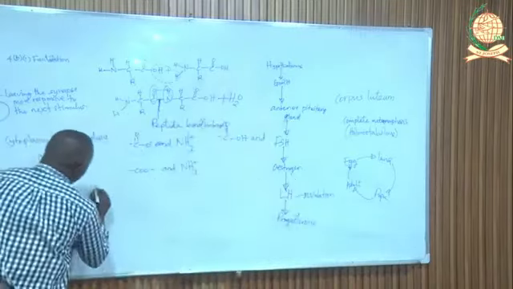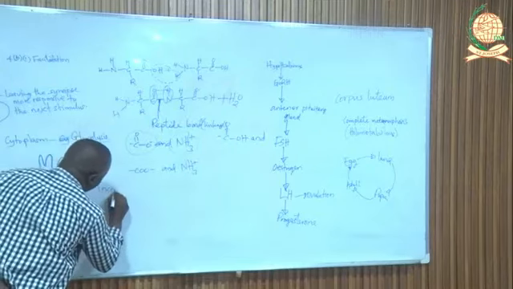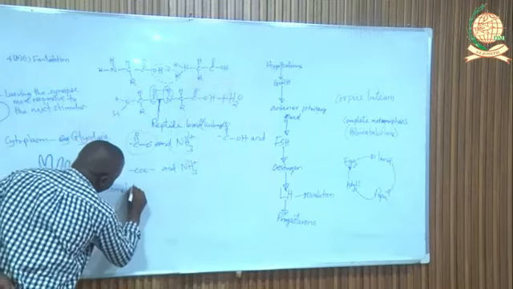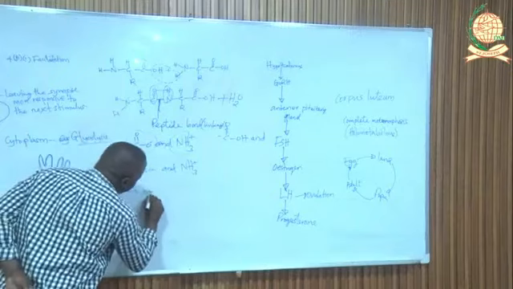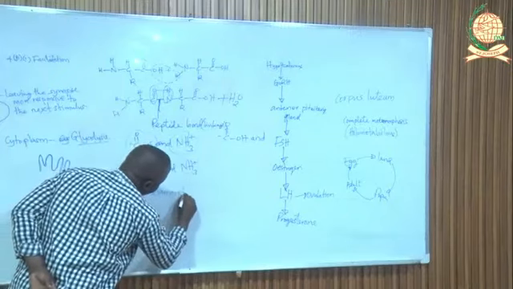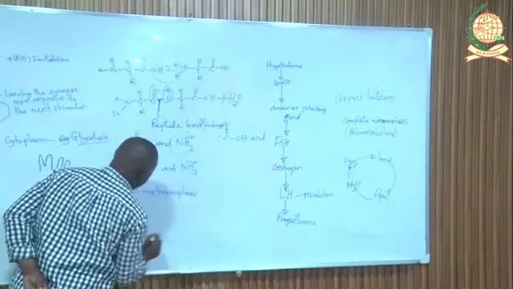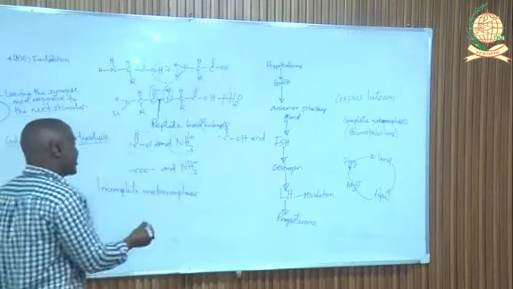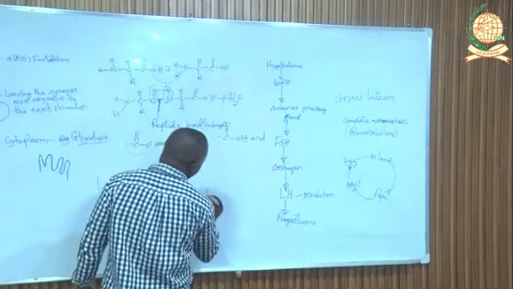But incomplete metamorphosis consists of 3 stages. This is also called hemimetabolous.